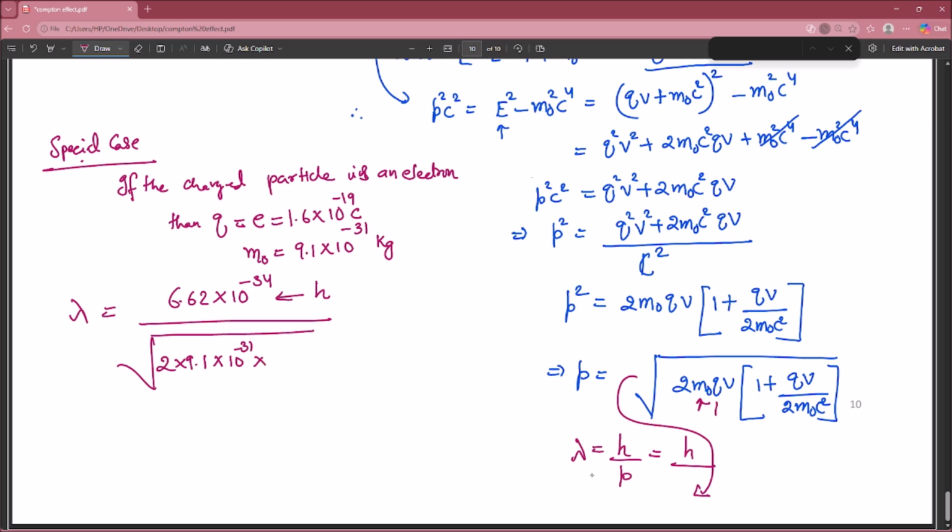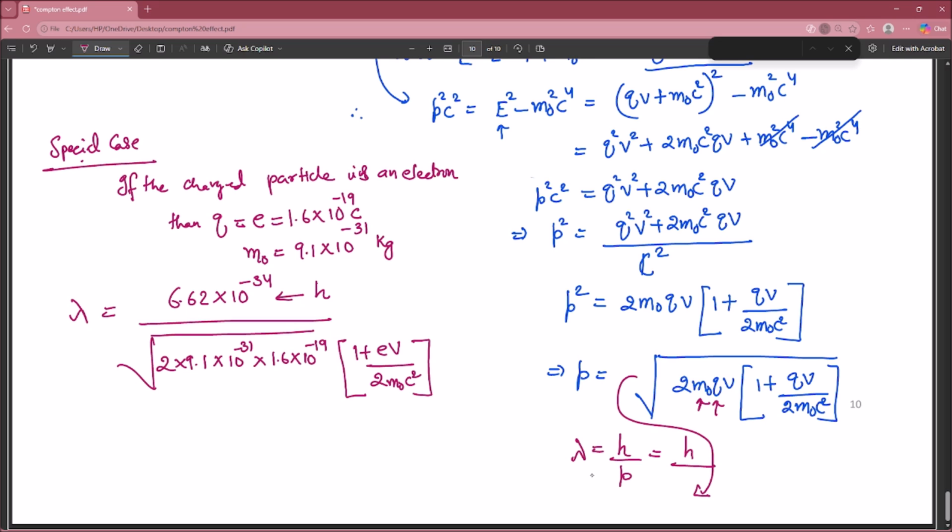In place of q, the charge of electron, 1.6 into 10 to the power minus 19 coulomb, and we will write 1 plus eV divided by 2 m naught c square.